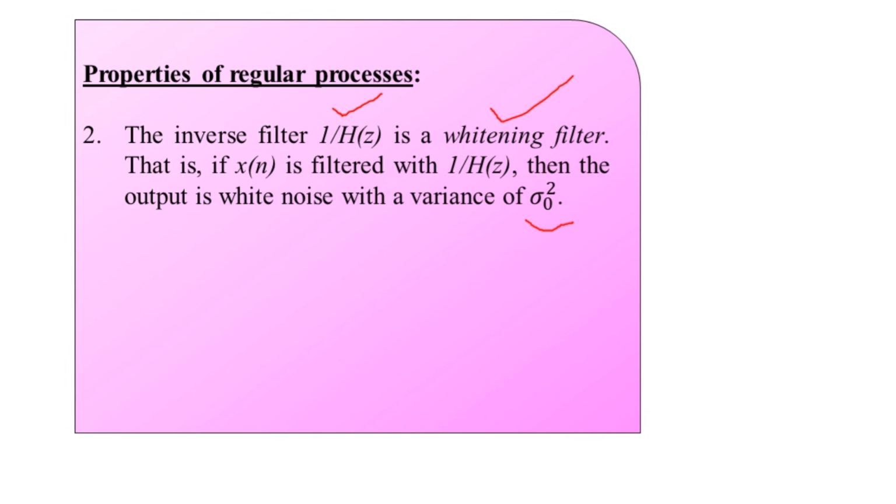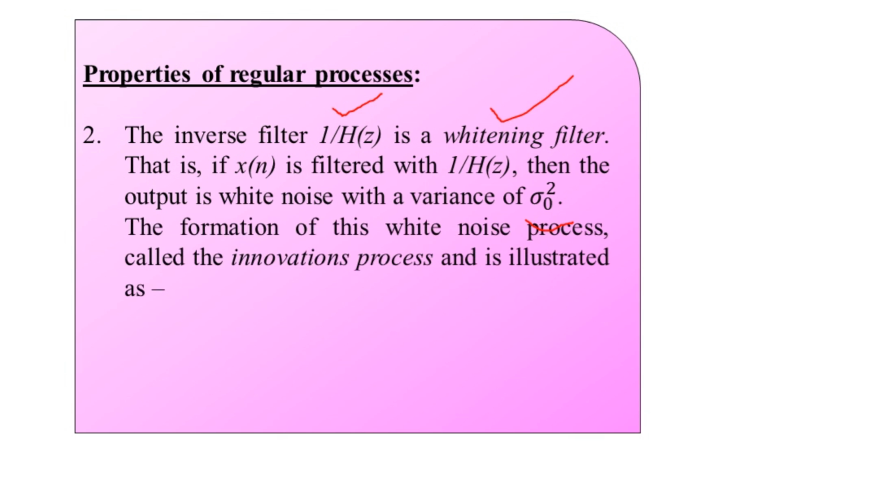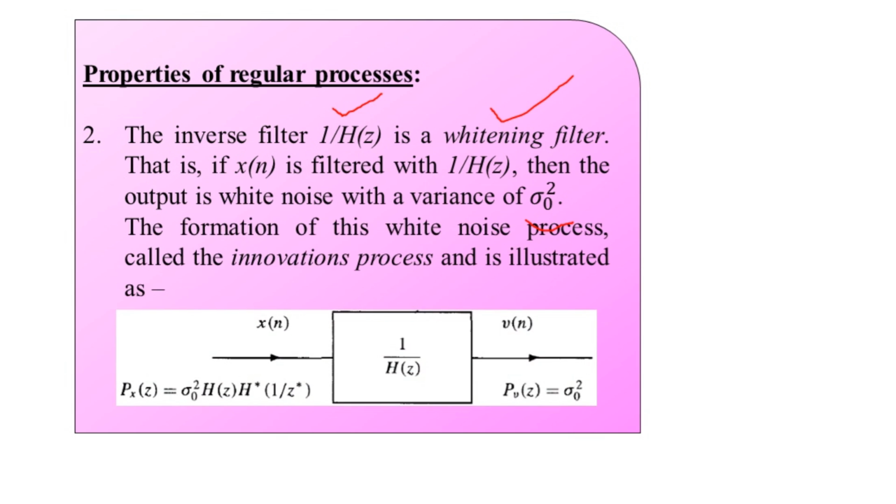This is illustrated in the diagram: x of n is fed as input, and with 1 upon H of z as the filter function we obtain v of n. The corresponding power spectral densities are represented, reversed with respect to property number 1.